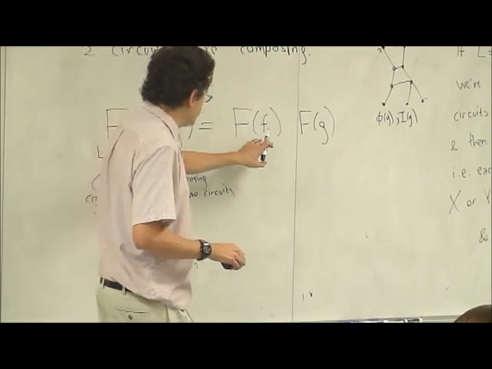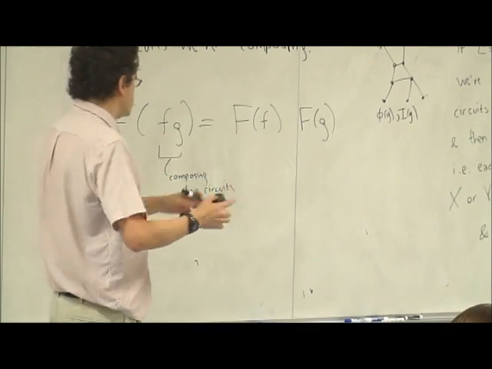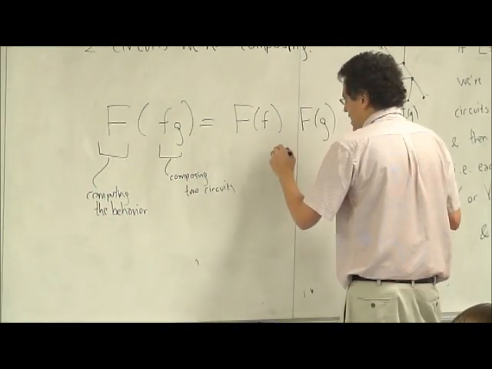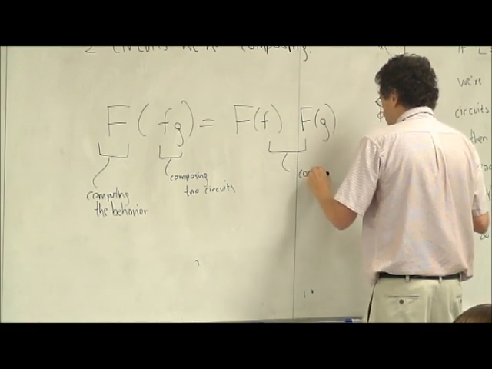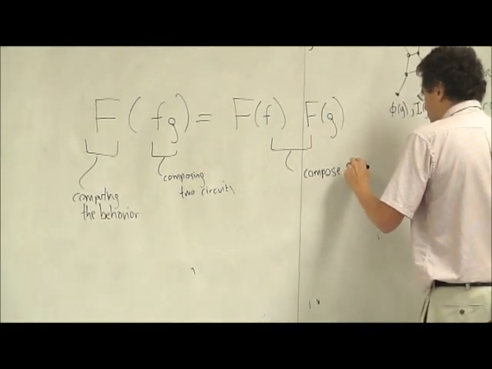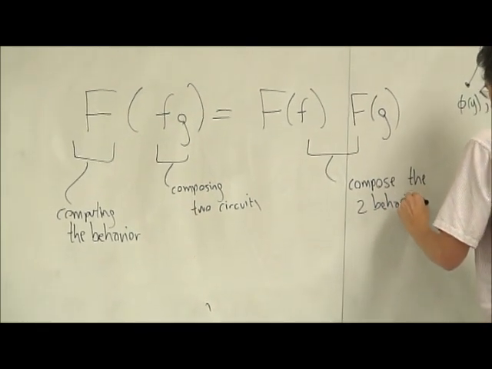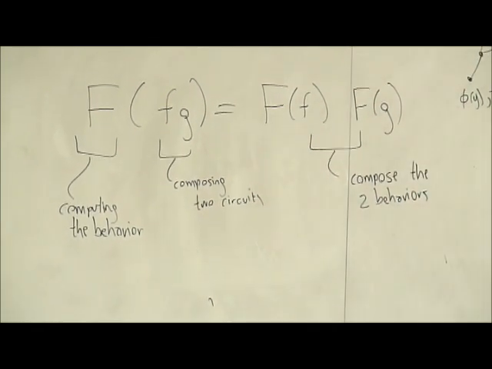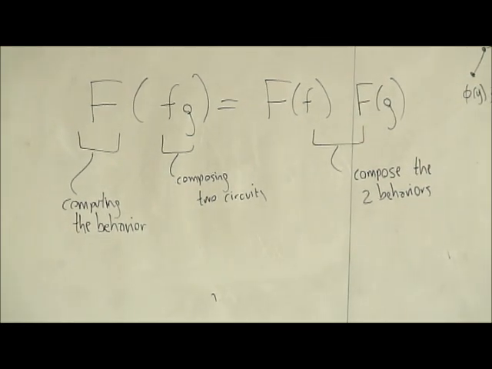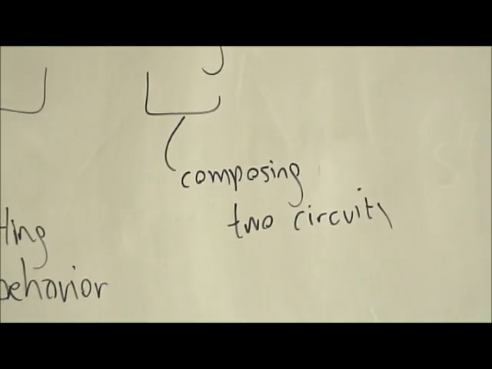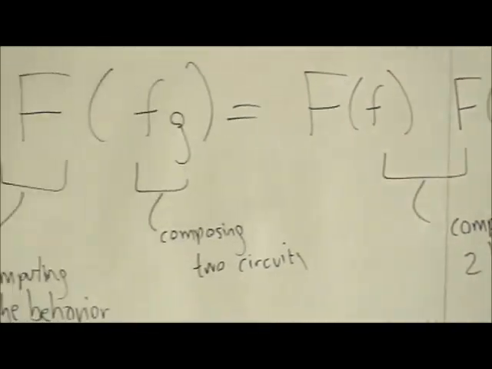We can separately work out the behavior of the two circuits, and then there's a way to compose the behaviors. It's some other category floating around, which I haven't described, where we compose the two behaviors. You're not supposed to know what I mean by that, because I said a behavior is a subspace of R to the 2n, so you're not instantly supposed to say, oh yeah, he told me how to compose subspaces of R to the 2n, but that's what we'll figure out.